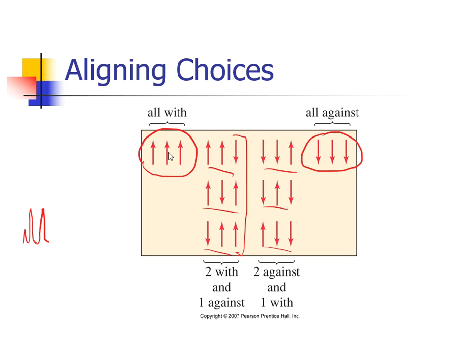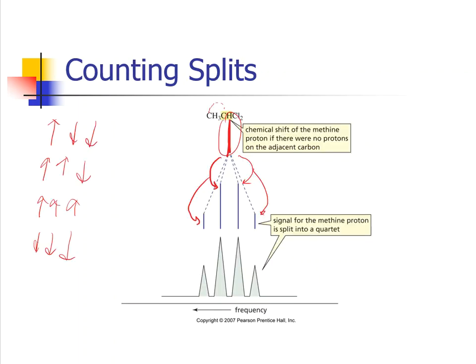And then finally, we have an option where all 3 of them are against that main signal. If all 3 are against, we get another signal that will be even lower, and it will be about the same height as the first one where all 3 of them were with the main signal. Okay, so this is why we start to see the shapes that we actually see, and that is how these are related.